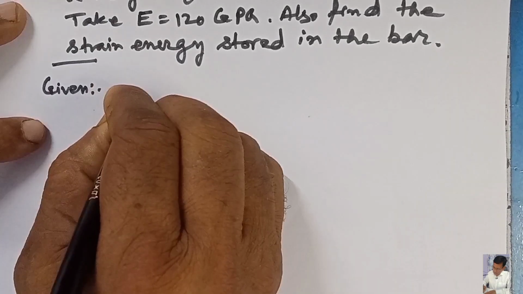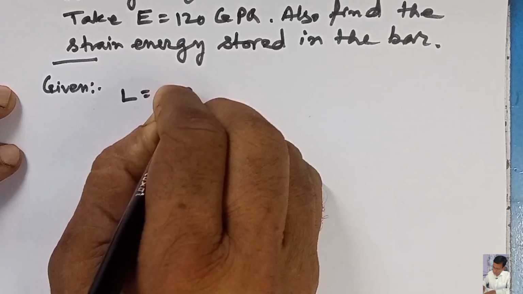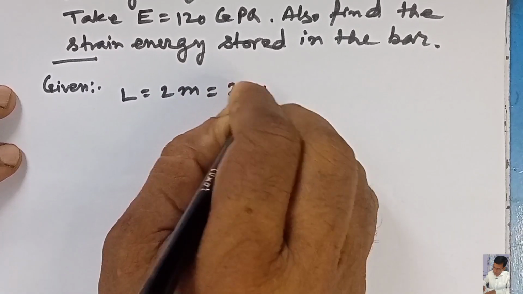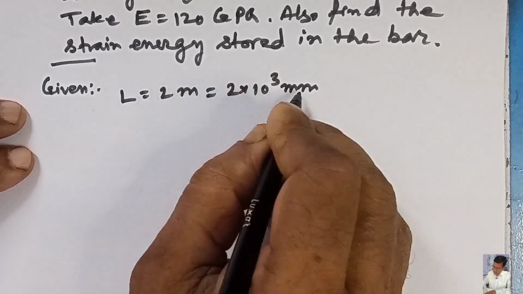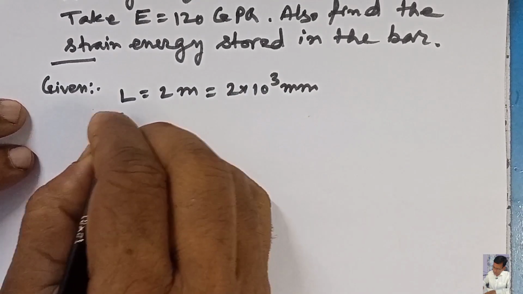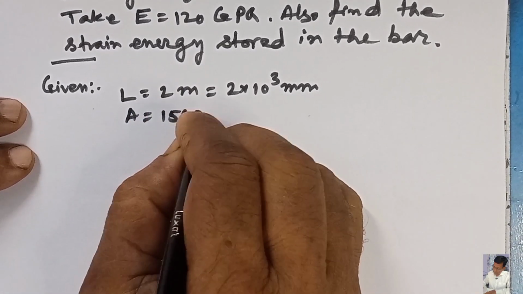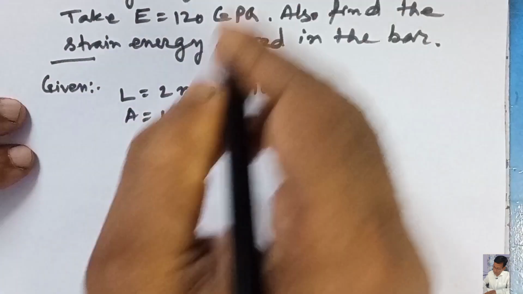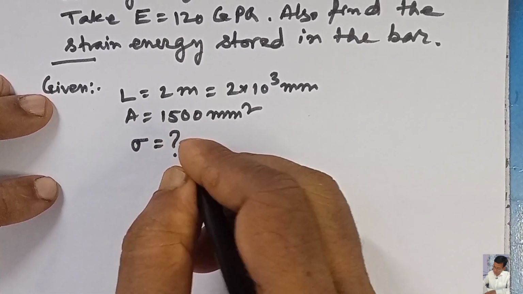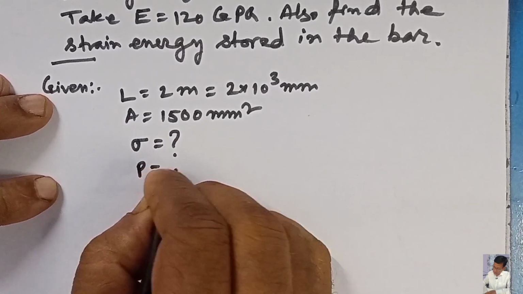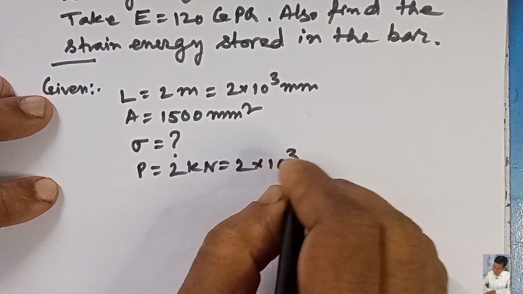Given L is equal to 2 meter is equal to 2 into 10 to the power cube millimeter. A is equal to 1500 millimeter square. We have to find out stress. P is equal to 2 kilonewton is equal to 2 into 10 to the power cube Newton.